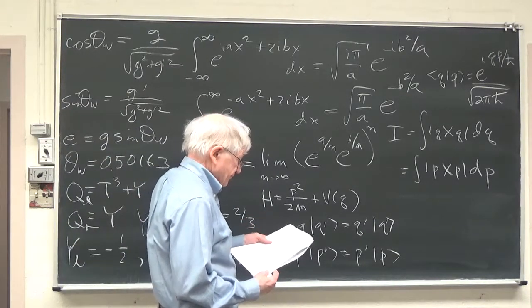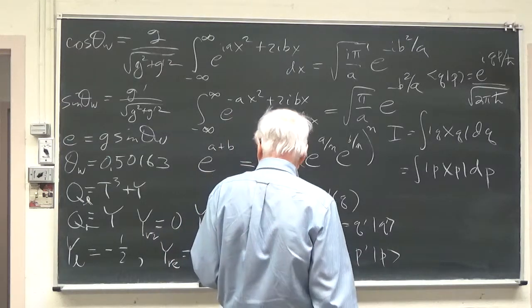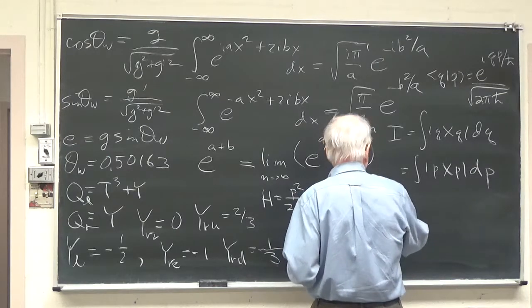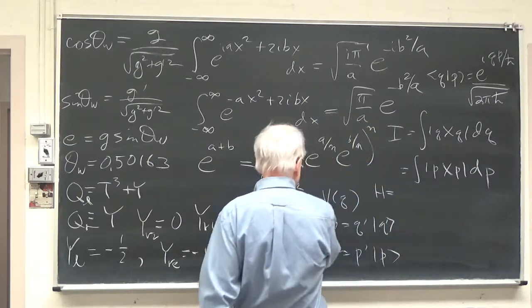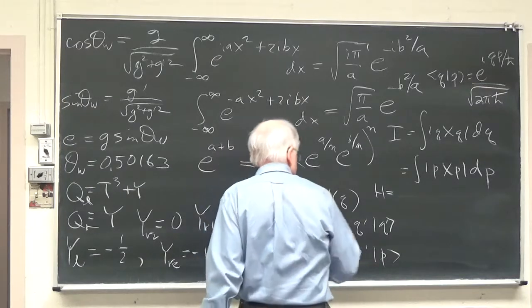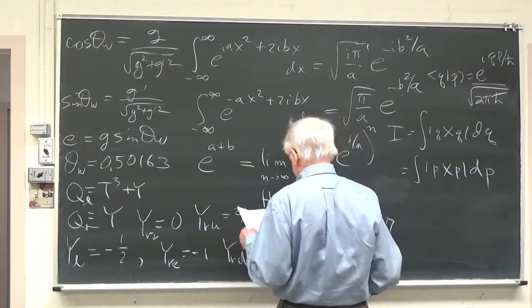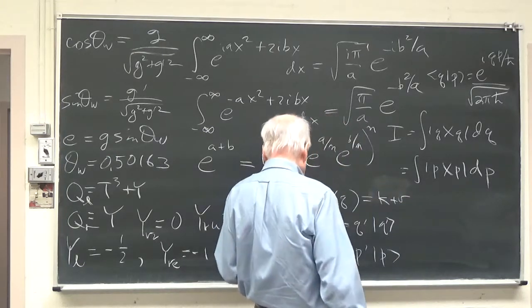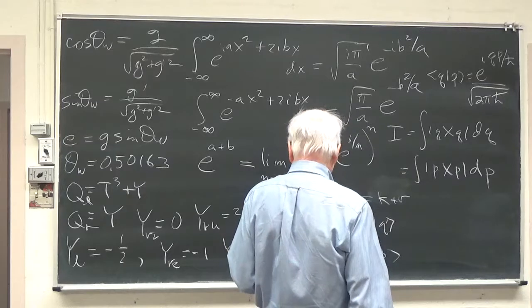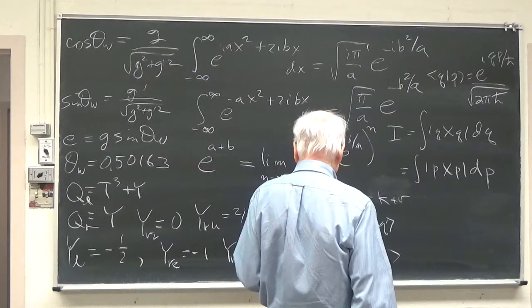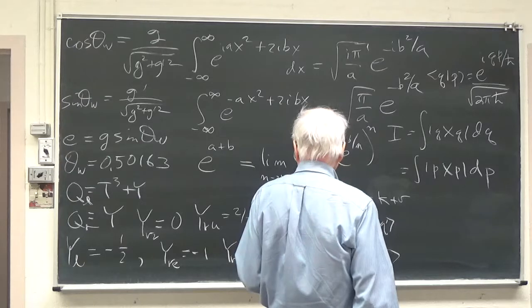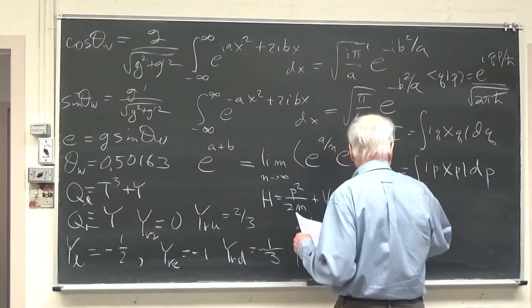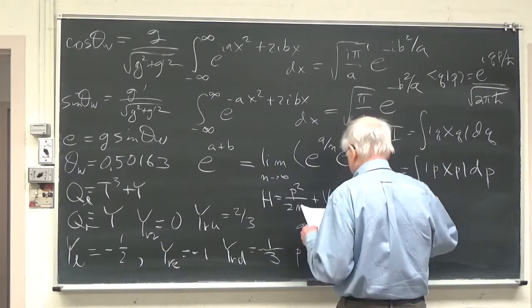And now, what I'm going to do is write the Hamiltonian, which is p squared over 2m plus v. I'm going to write this as k plus v, times h bar.